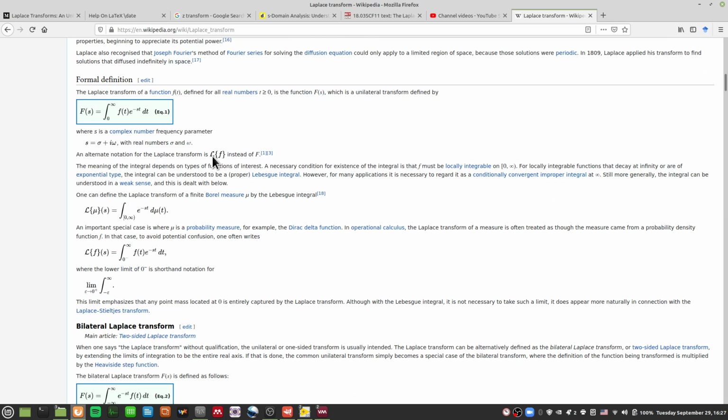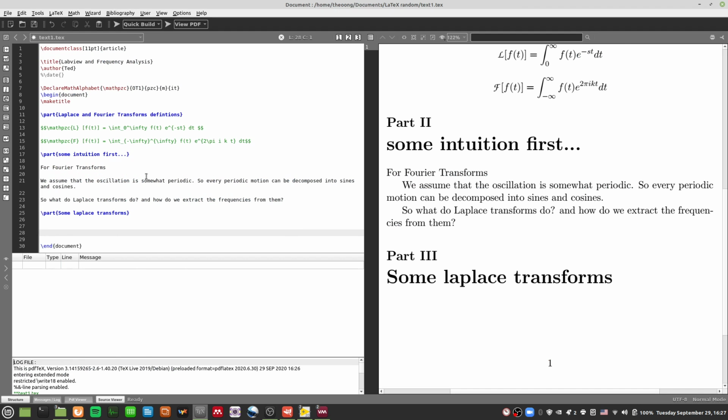On Wikipedia you will see s equals sigma plus i omega. Some people use j omega for the complex number. So let's just write that down first.